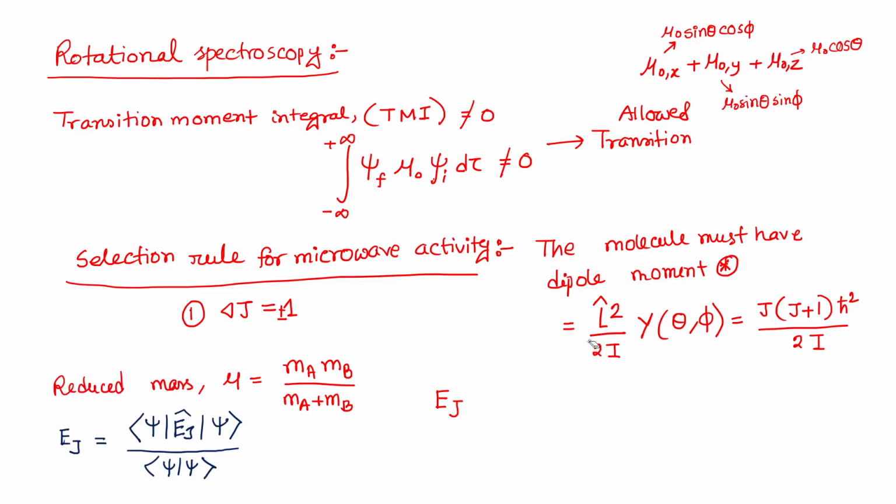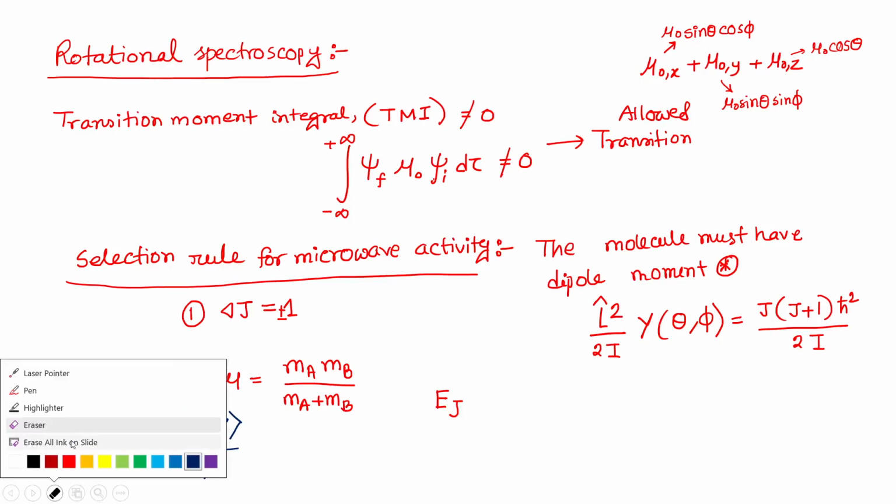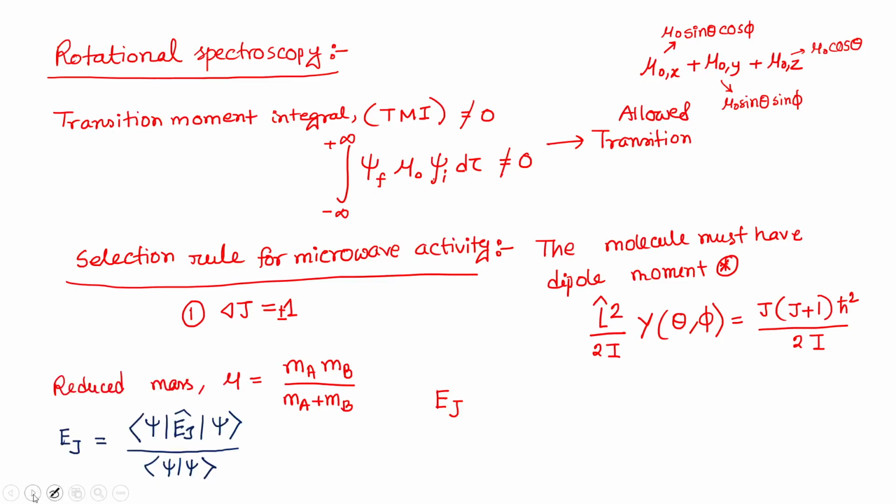Are you getting my point? Actually, your EJ operator is directly given by L square by 2I. Now, your spherical harmonics is already normalized, so eventually that will be your integral of Y star theta phi multiplied by Y theta phi d theta d phi, and that would lead to 1.